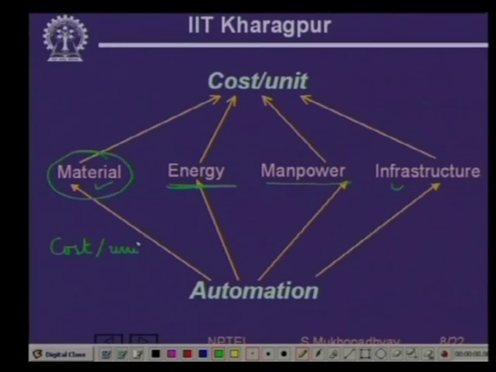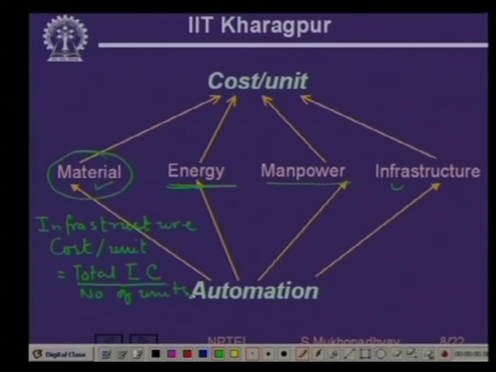So, your cost per unit, that is infrastructure cost per unit, is going to be total infrastructure cost, IC, divided by the number of units.